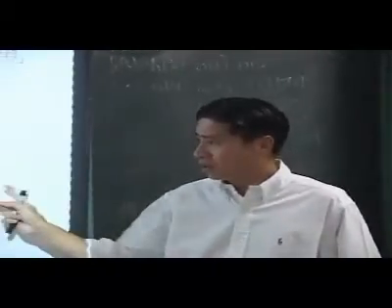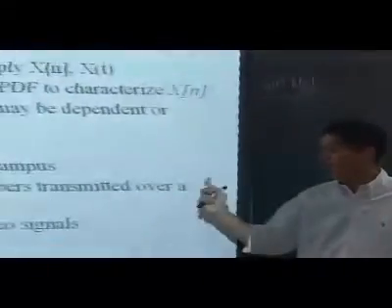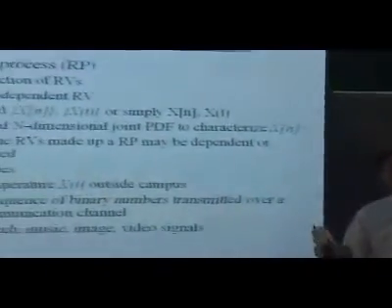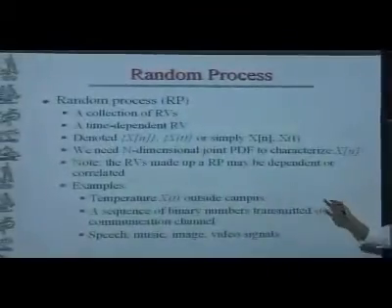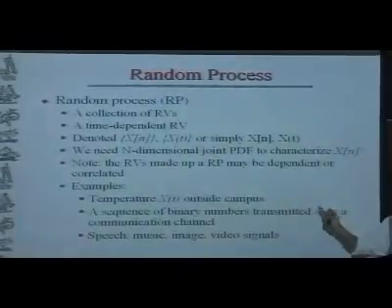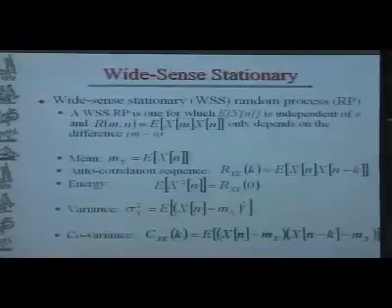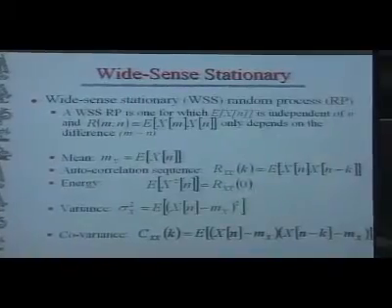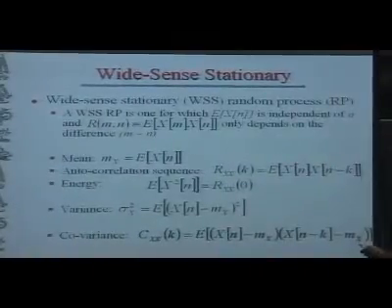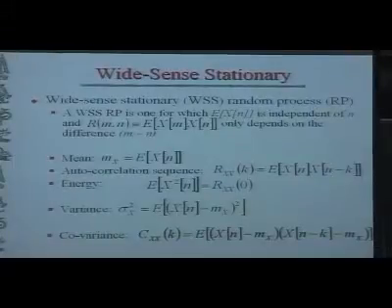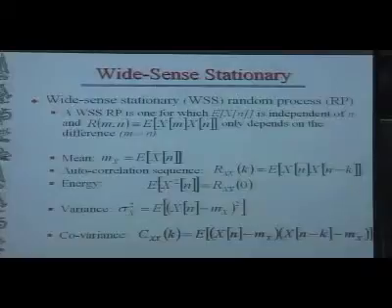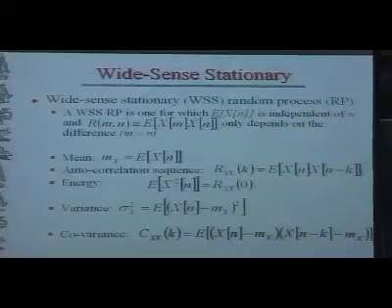Another example would be a sequence of binary numbers transmitted over a communication channel. It's also a random process. Or the temperature x of t outside campus, for any given t. That's another random process. Since we cannot deal with the n-dimensional joint PDF because it's way too complicated, as engineers, we come up with a way to simplify what we're trying to say.